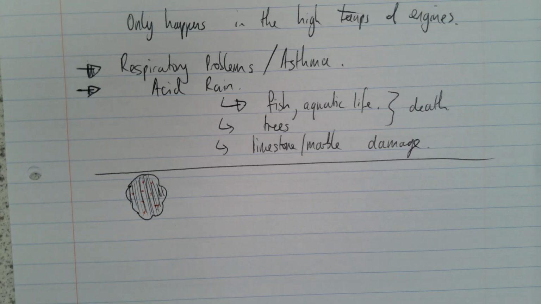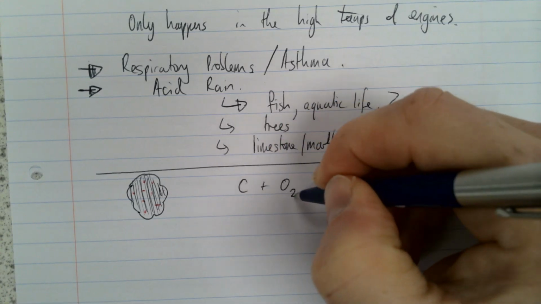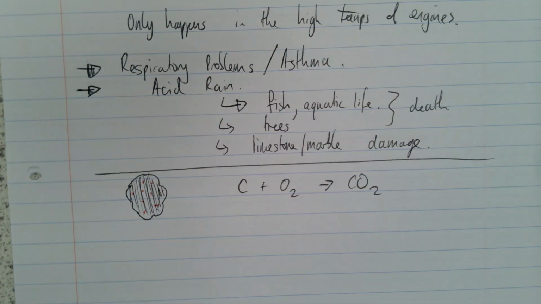Now, when you burn the coal, of course, which is mostly carbon, the carbon reacts with oxygen to give carbon dioxide, generates a load of heat, and we use that to power stations and our homes, although we don't use coal so much anymore. But the sulphur that's in there is also being burnt.